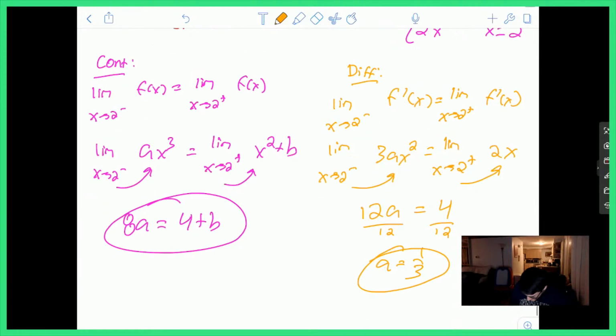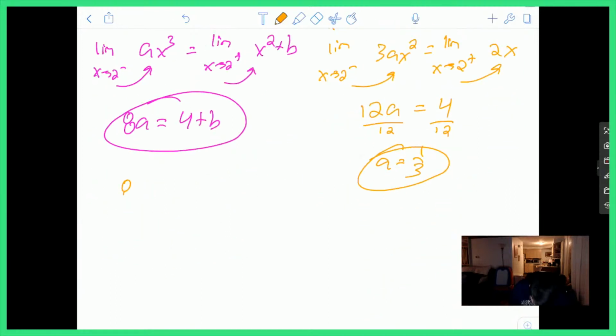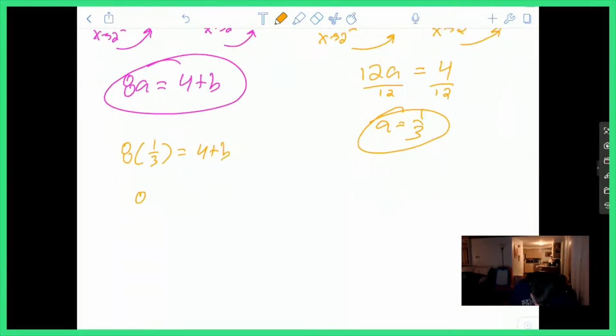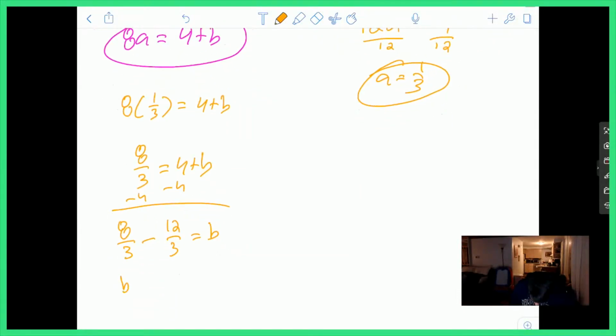So if a is 1/3, I'm going to go back over here and plug it in. Then 8/3 equals 4 plus b. Subtract 4 from both sides. So 8/3 minus 4, which is 12/3, is b. So b is negative 4/3. So here's my a and my b. And that one you needed to carry out further to get continuity and differentiability to work together.